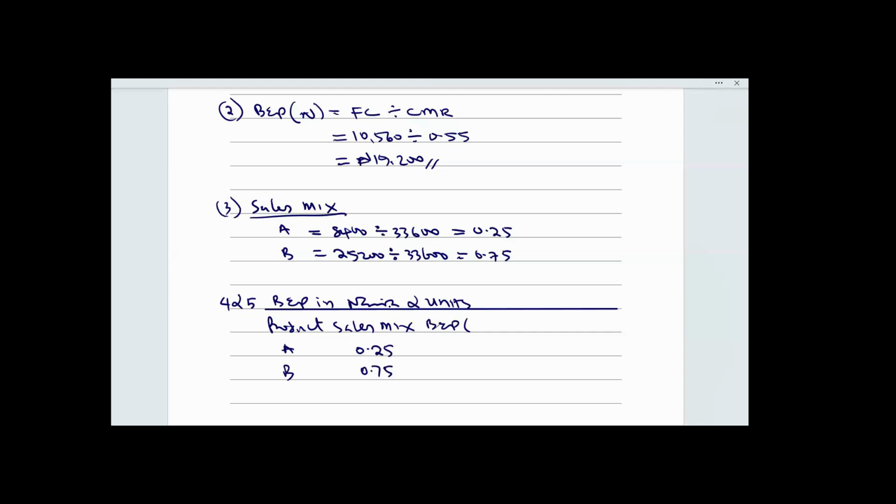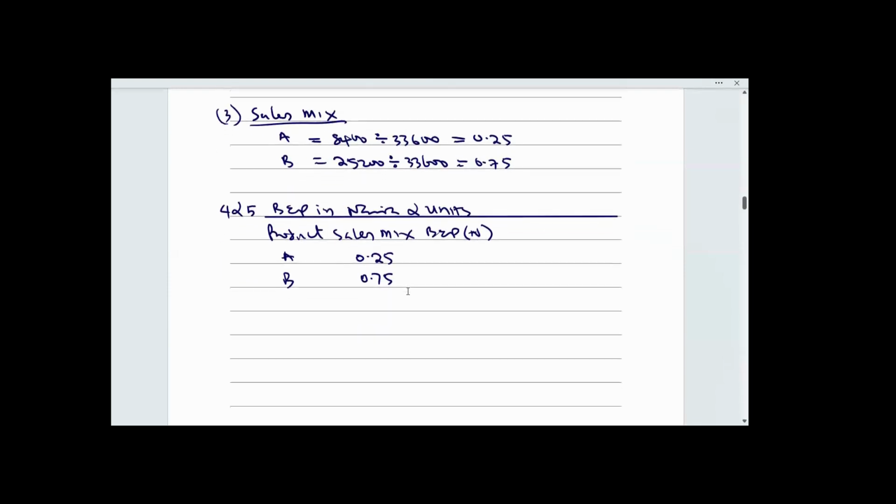Break-even points in naira. You have to write it out in full. Here is 19,200,000, so that you don't make mistakes whenever you want to determine your break-even points in units. So write it out in full so that you avoid making a mistake.